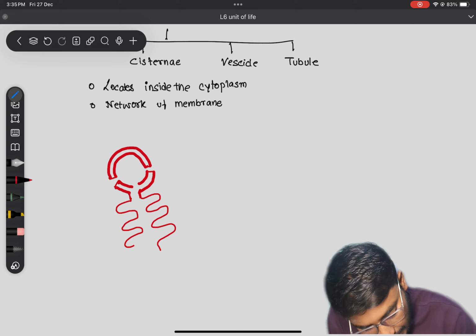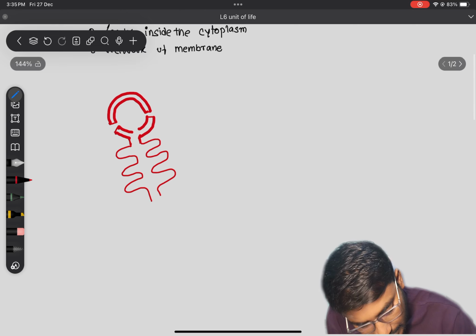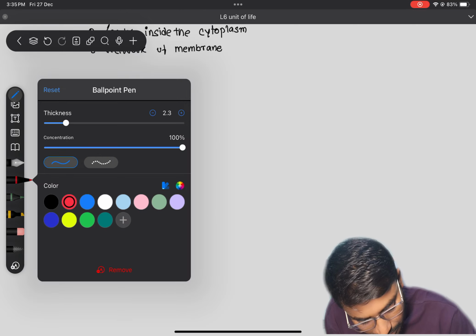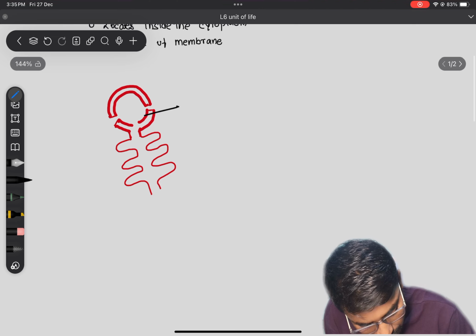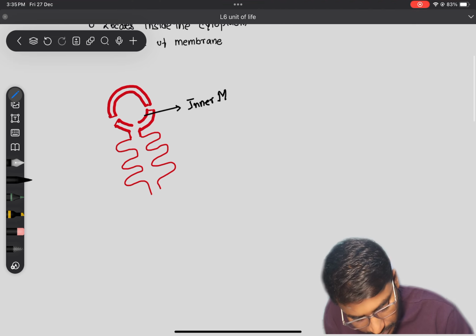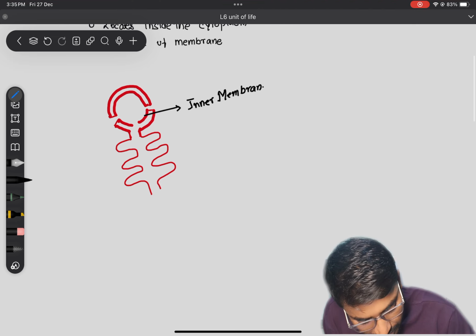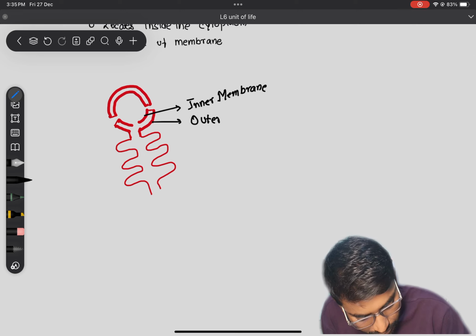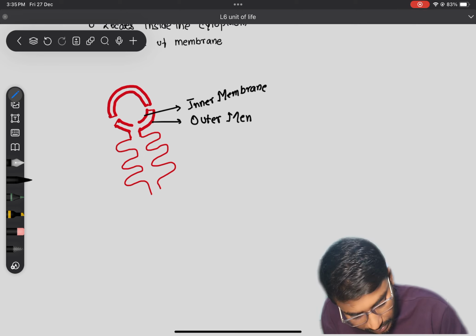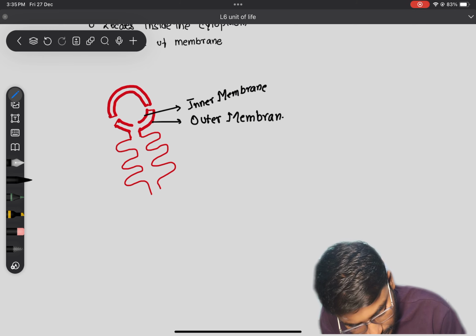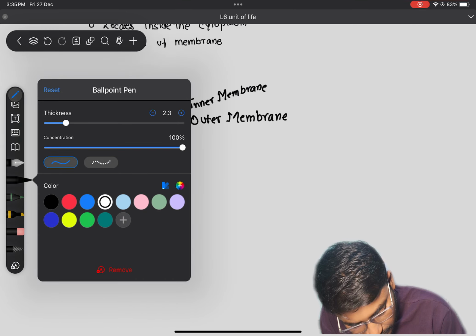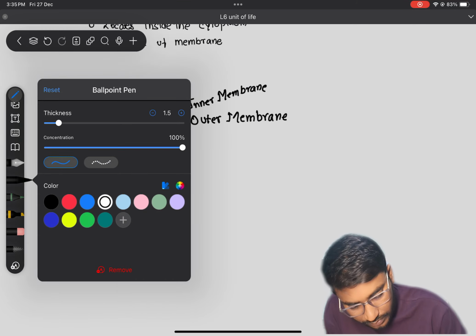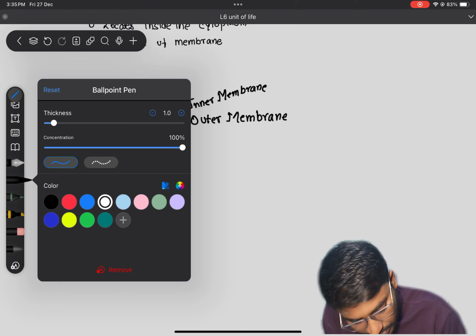This is the inner membrane, and this is the outer membrane.